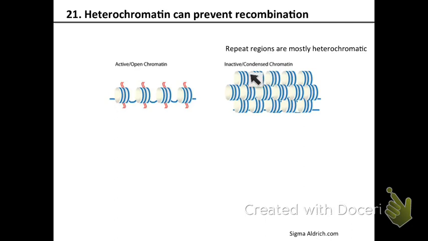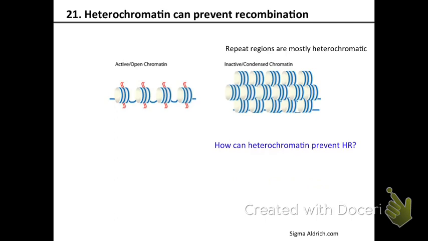You have inactive, that means not much transcription, not much going on, and condensed chromatin. And this structure is mostly found in repeat regions of the genomes. Give me an example. What region of the genomes with repeats contain heterochromatin? The telomeres. What else? Centromeres, right? So these regions contain heterochromatin.